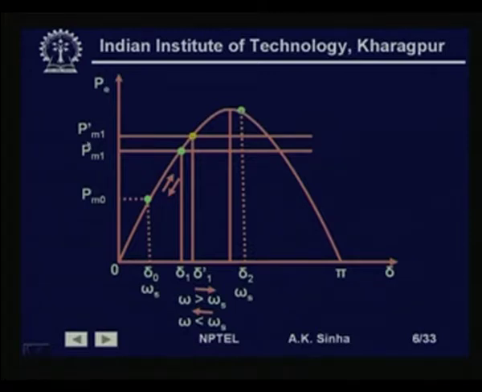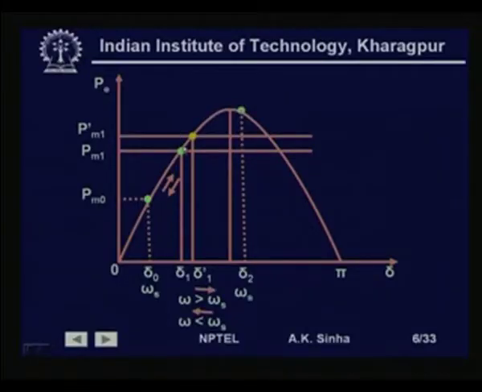Though the mechanical power input and electrical output are equal at this point, since the rotor speed is somewhat higher than the synchronous speed, delta will keep on increasing, because we are measuring delta with respect to the synchronously rotating reference frame, and the rotor is rotating at a speed higher than that.